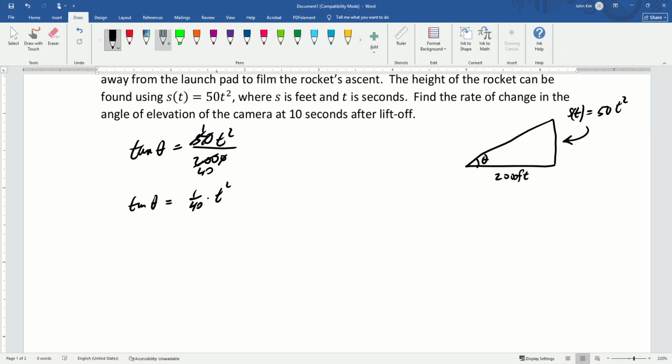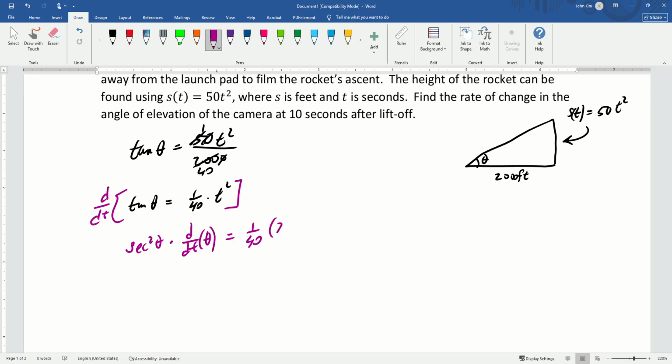So what are we going to do with this? We're going to take the derivative with respect to time on this, because it's a related rates problem. The derivative of tangent is secant squared of theta times the derivative with respect to time of theta. That's d theta dt. That's equal to 1 over 40 constant times the power rule.